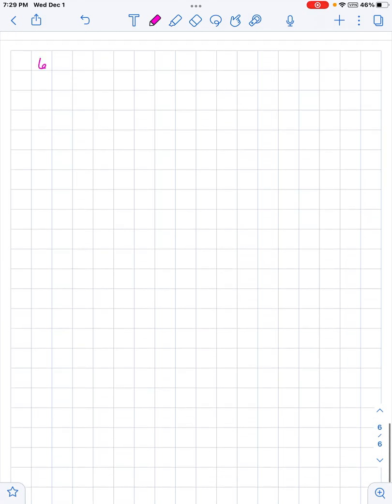Okay, let's do one more. Let me see, how about this? 3x times, let's do 3x squared times the square root of 2x squared minus 4 dx. All right, go give it a shot.